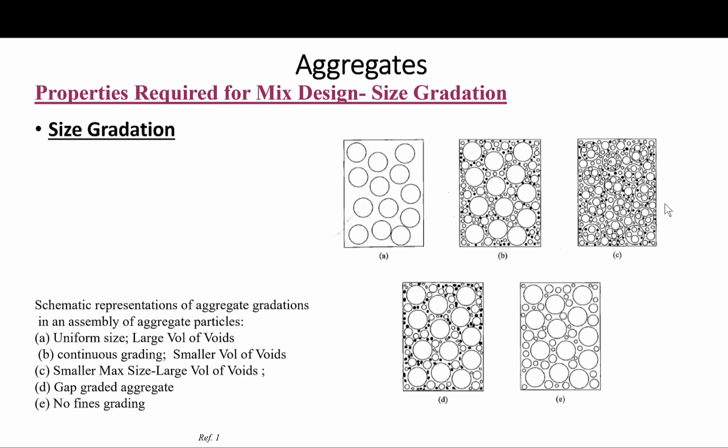A compromise has to be worked out between workability and economy, and this is different for each maximum aggregate size. As you can see, the maximum aggregate size here is smaller than this. We ended up with more voids.